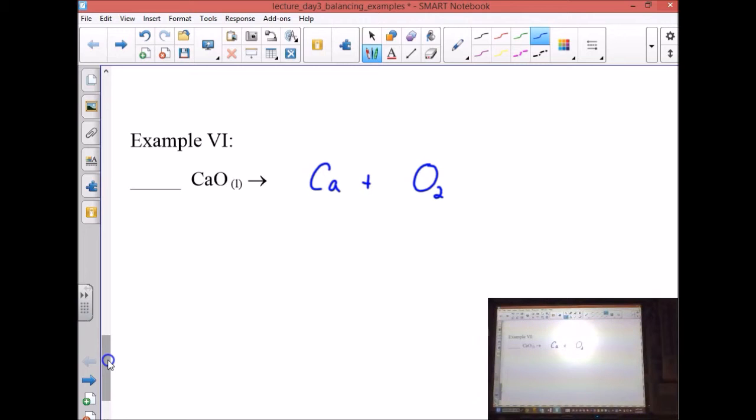Good. So these synthesis and decompositions are tough, aren't they? Don't make them harder than they need to be. And then, so calcium looks good. How many oxygens do I have? So put a 2 there. Then what? 2 there. Okay.